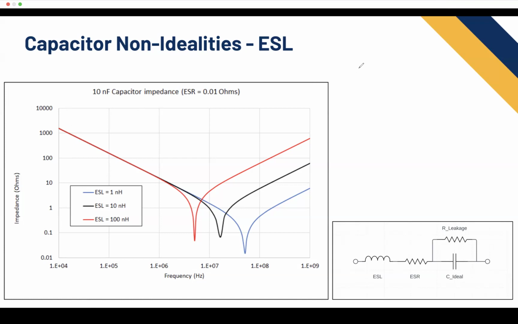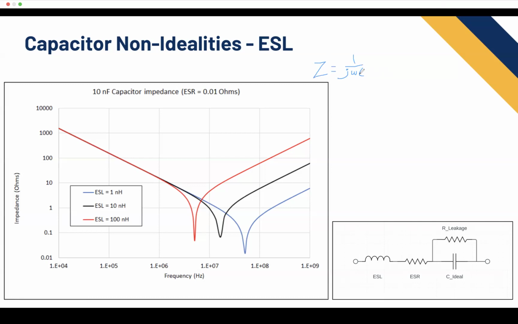Capacitance, if you write it in the complex domain, is 1 over j omega C. Apologize for my handwriting, I'm doing it on a trackpad. So this is what the impedance is.